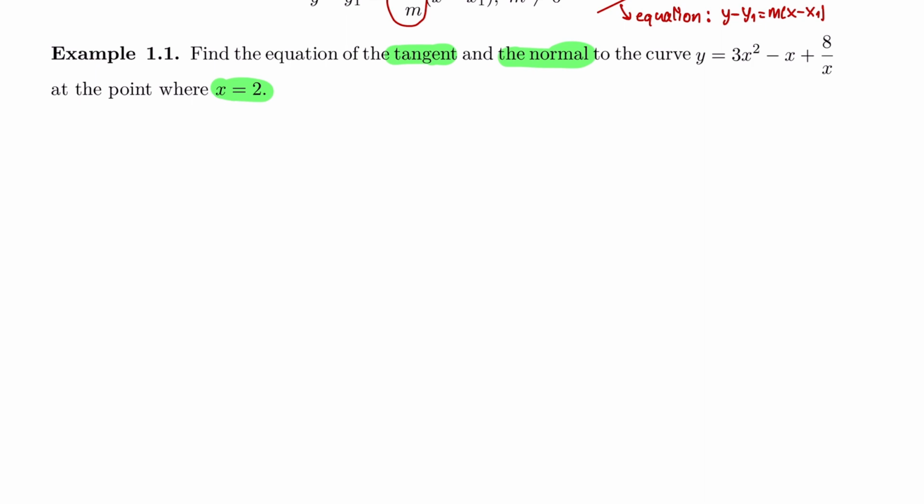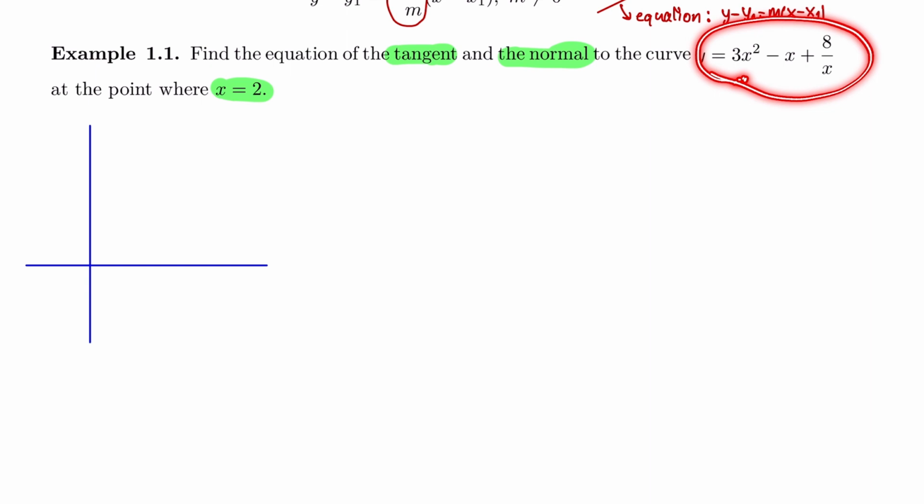Okay, so let's say we have this y-axis, x-axis. We know that on this graph, we don't have a point where x equal to 0. So this graph doesn't pass through this y-axis. But it doesn't matter, right?